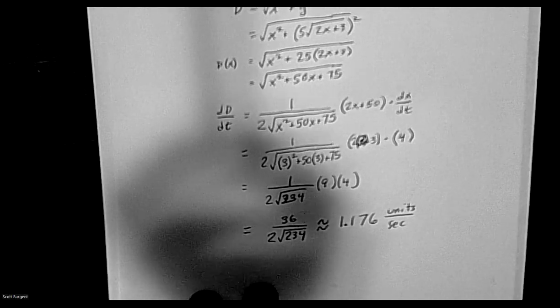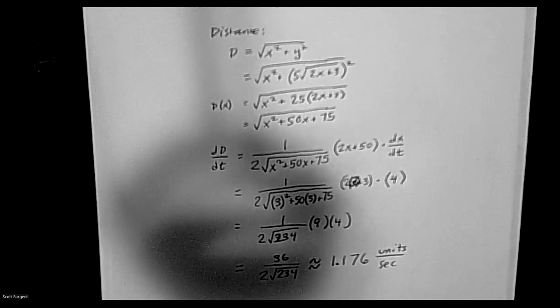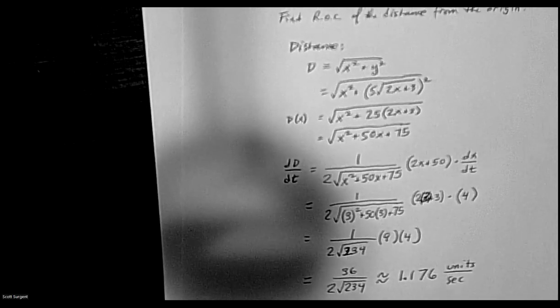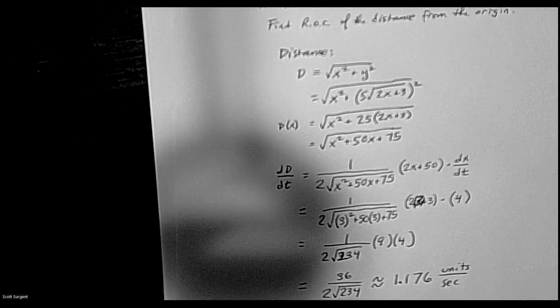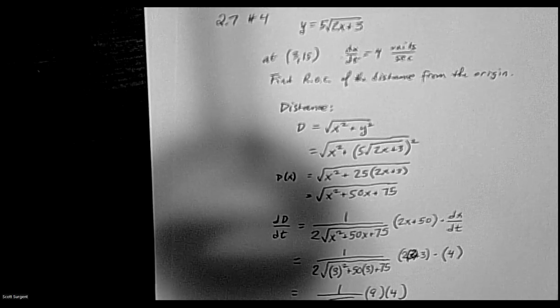Okay, does this help? I know I kind of ran through that a little bit quick. Does this help understand how related rates work? Feel free to pop in with a question on this one if you have one.